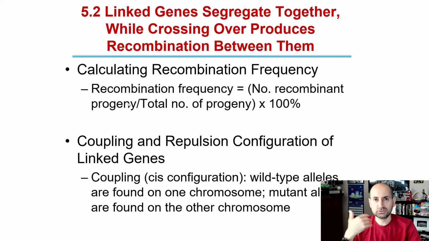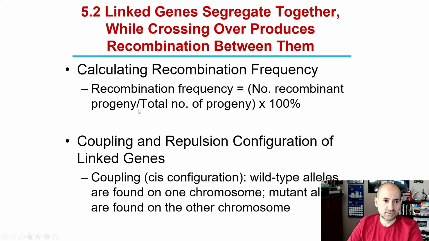So you could actually start mapping the genome. You could actually start mapping the chromosomes by looking at these genetic crosses that were done with linked genes, and then you could actually start predicting where the genes lie along the chromosome based on these recombination frequencies.